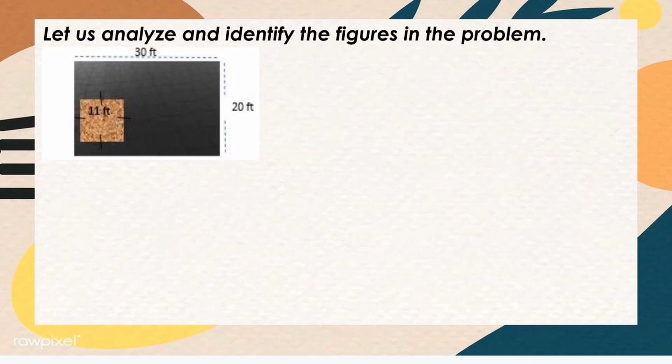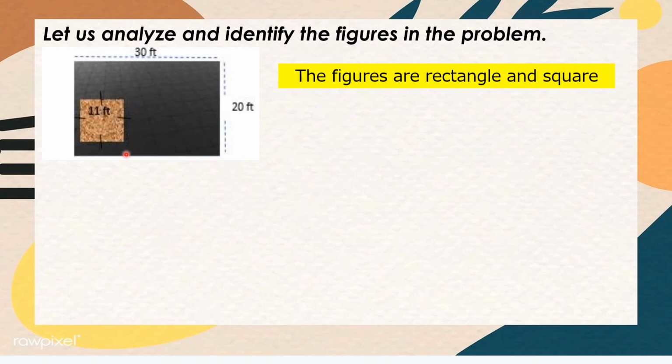Now, let us analyze and identify the figures in the problem. We have here figures of a rectangle and a square. The black shaded part has a length of 30 feet and a width of 20 feet, while the square with brown shading has 11 feet measurement.